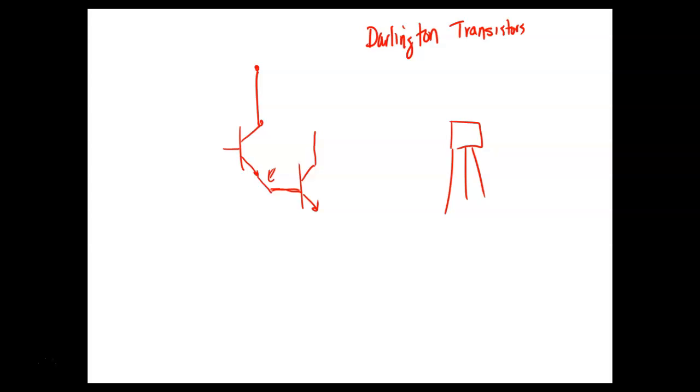But what we get out of this one is, let's say we come over and put it right here. And this would be my load. Let's say this transistor right here has a beta of 30. This transistor has a beta of 30. What would the base over here say?